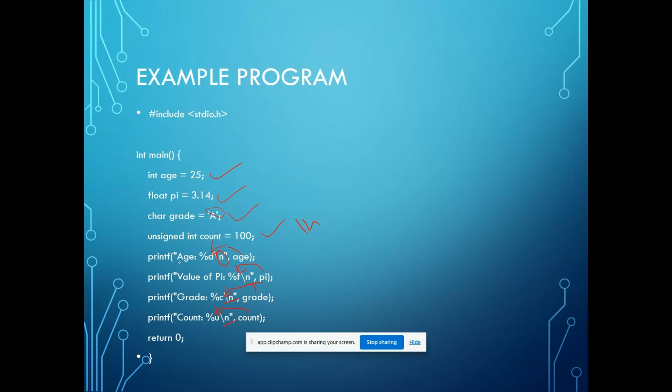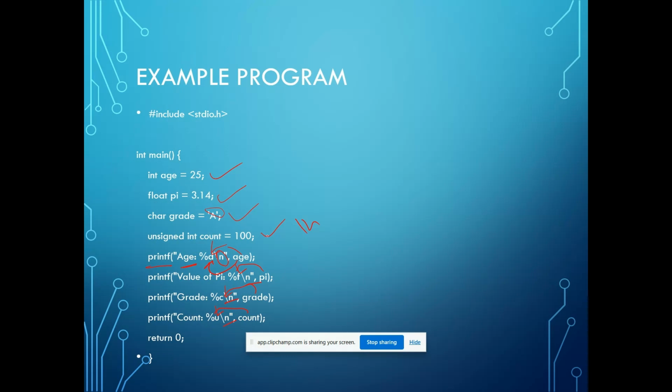Whatever you want to print, use printf, then double quotation marks, and then whatever you want to print. Whatever variable you are going to use, write it after the double quotation, comma, then that variable name, and you need to define the variable type here.